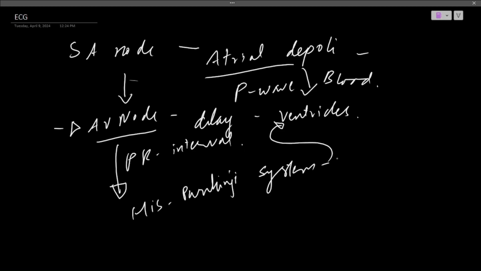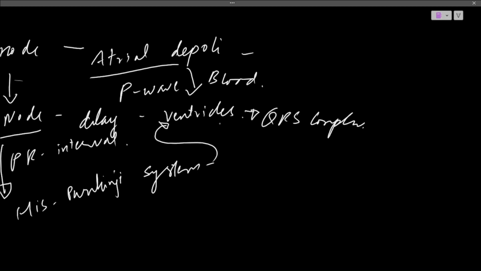This causes the ventricular myocardium to be electrically activated, which is seen as the QRS complex. As the ventricles have been electrically activated, now they contract and pump the blood into the pulmonary artery and the aorta.